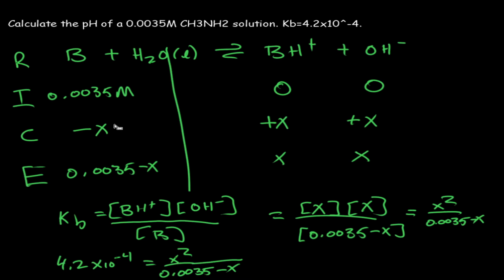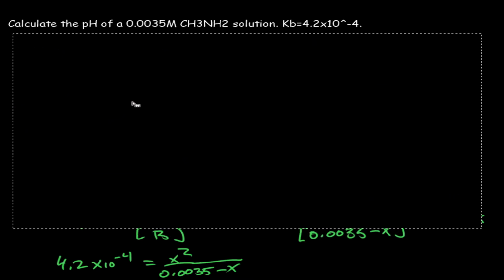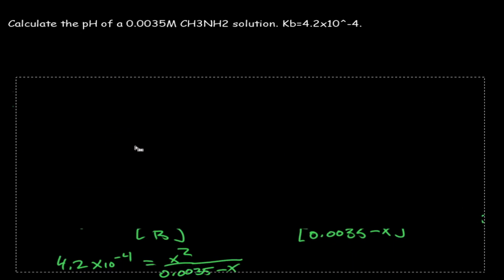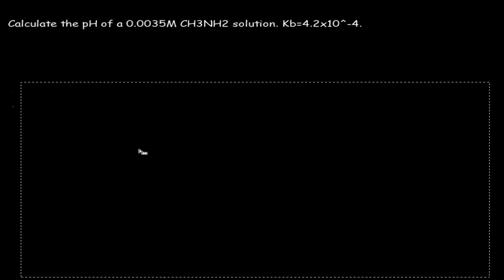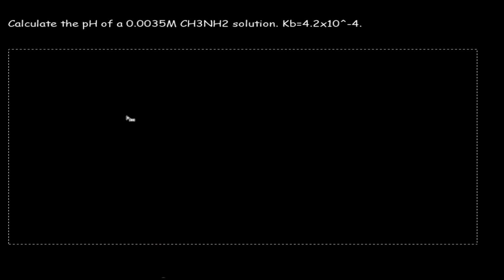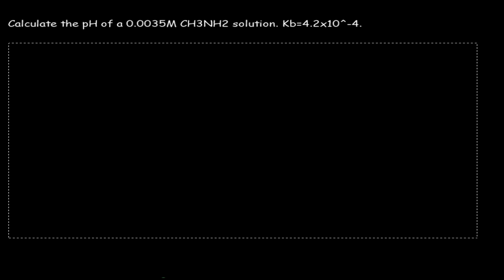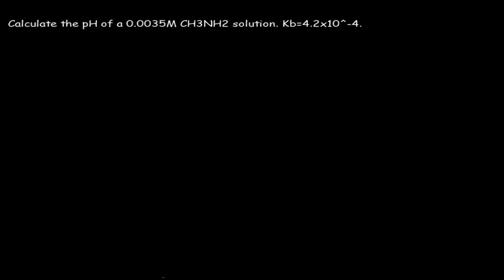So how do we solve for x? Again, we're either using the approximation method if it works, if it's less than the 1% rule that we're using, or if it's not less than the 1% rule, then we have to use the quadratic formula. So 4.2 times 10 to the negative 4 is equal to x squared divided by 0.0035 minus x.